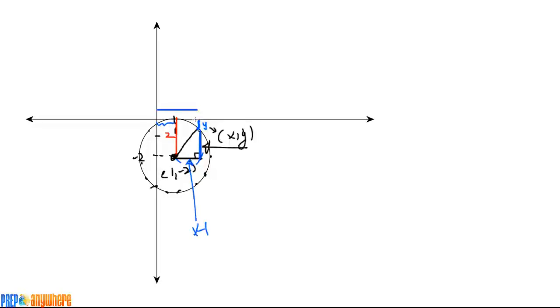You can see that it's going to be 2. 2 is the length from here all the way to there, right? That's 2. Why don't we subtract y? But we don't subtract y because y is actually negative, right? We actually have to add y.